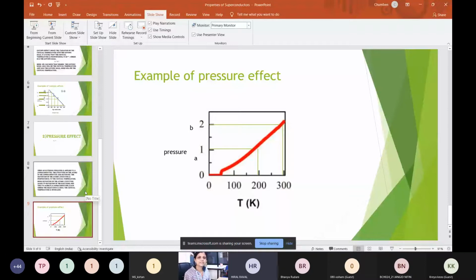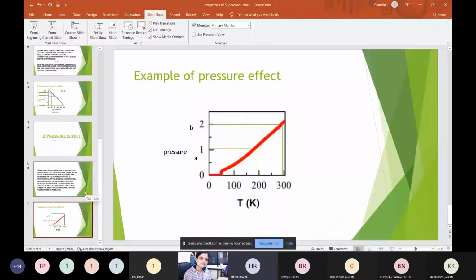A very common example is cesium: when you apply 110 kilobar pressure to cesium, it converts into the superconducting state. If you do not apply pressure, however much you lower the temperature, it will not convert. So this pressure effect is generally used to convert a material into the superconducting state, if it is not. Fine, so that is the pressure effect.